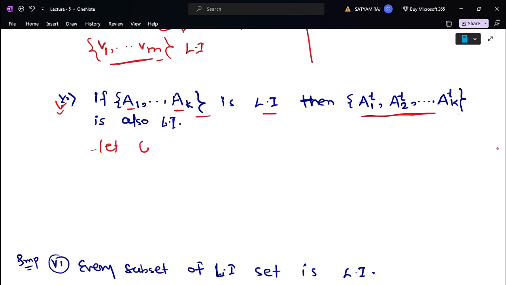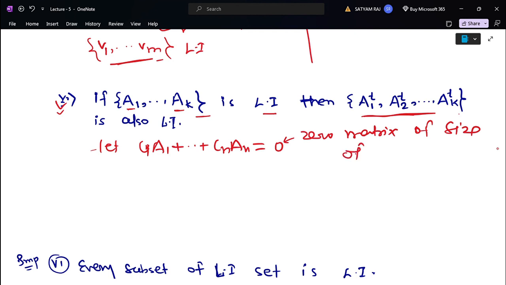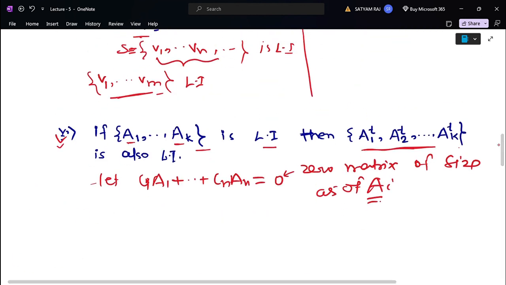Let c1 A1 plus ... plus cn An equal to 0, where this is the zero matrix, whose size will be the size of the matrix Ai. Now this is LI, which implies ci will be 0 for all i.